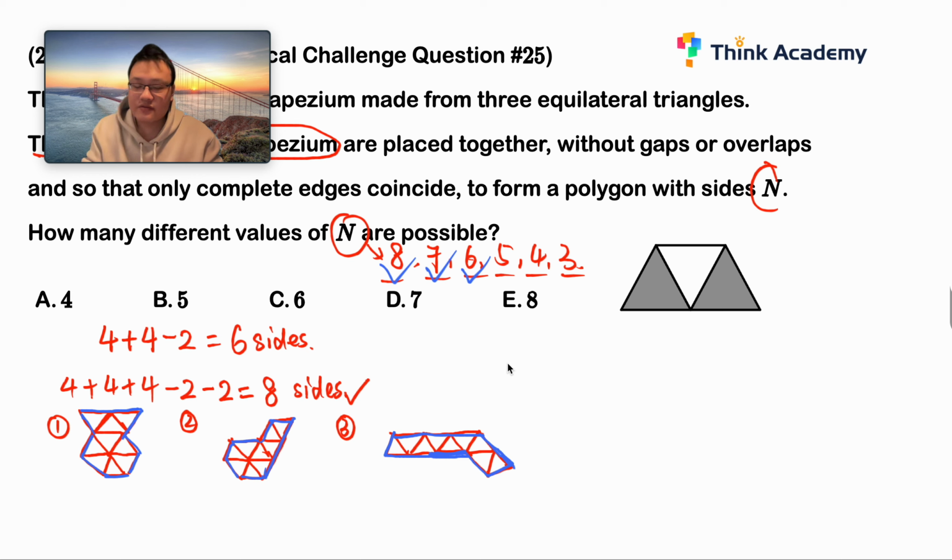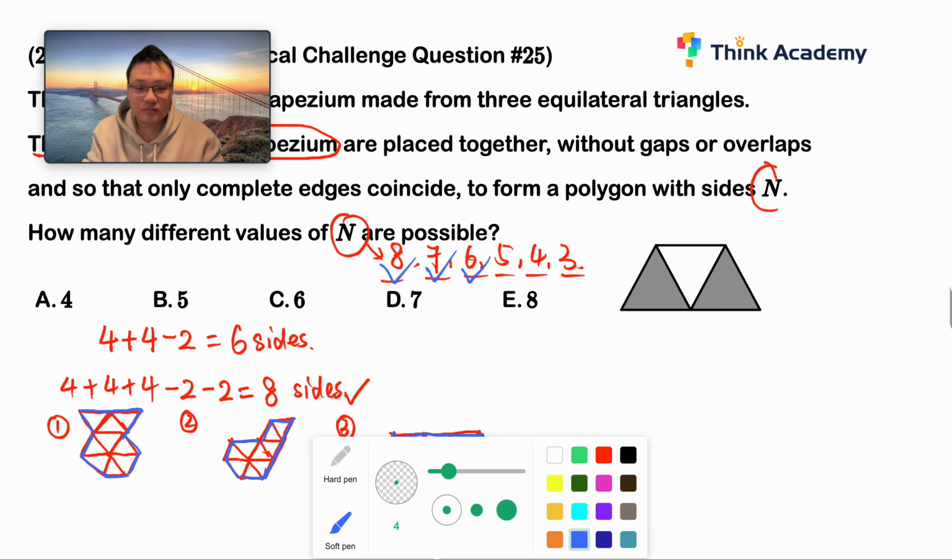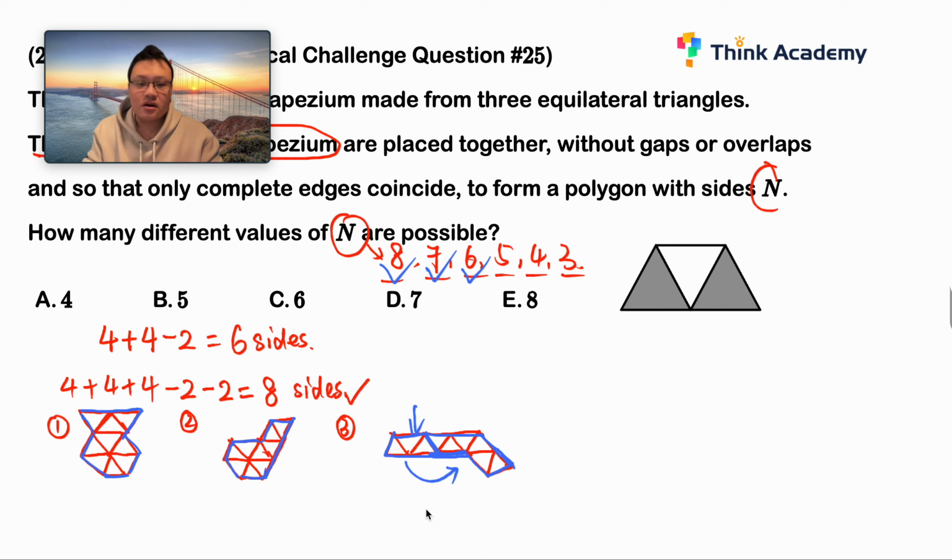And as for the 5th one, actually you can get that by, you see here, as for the 3rd one, that is the 6 sided one. And for the very left one, you can put it here so that you have fewer sides of a polygon. And let's see how do we get that. Let's try to get this first. Okay, this is what we have. And let's make this a little bit longer. And here you got it.